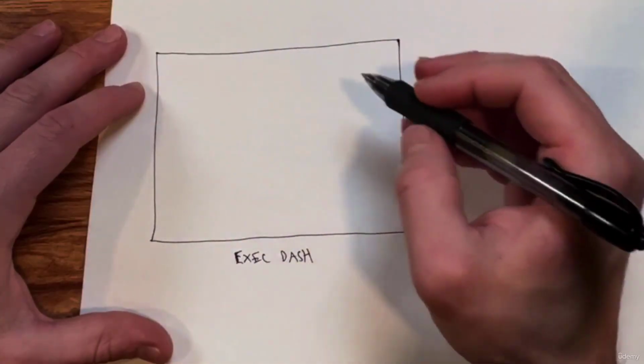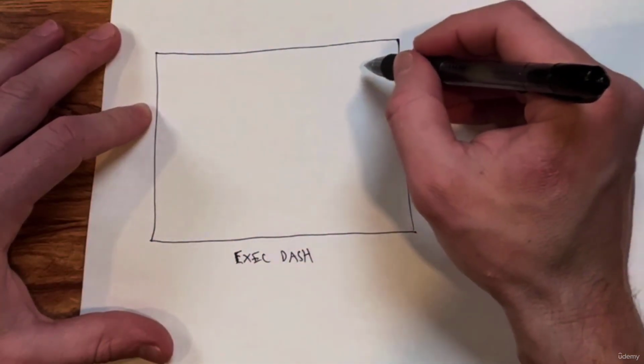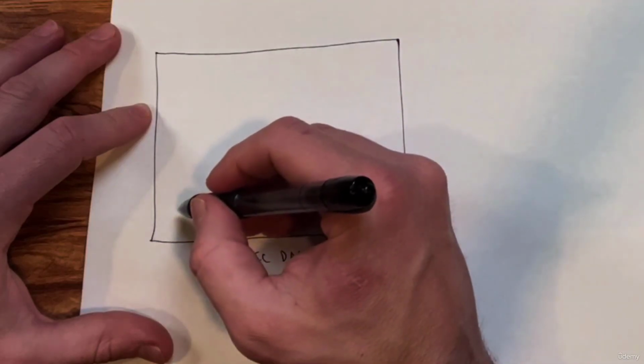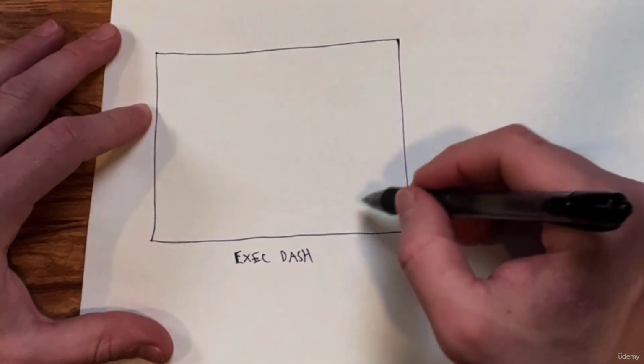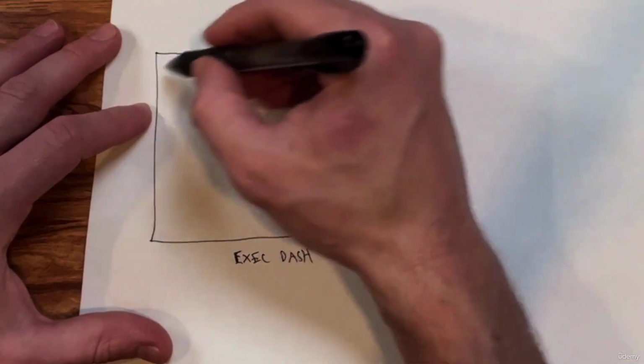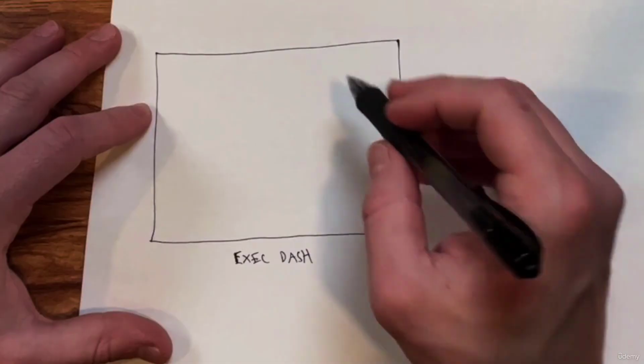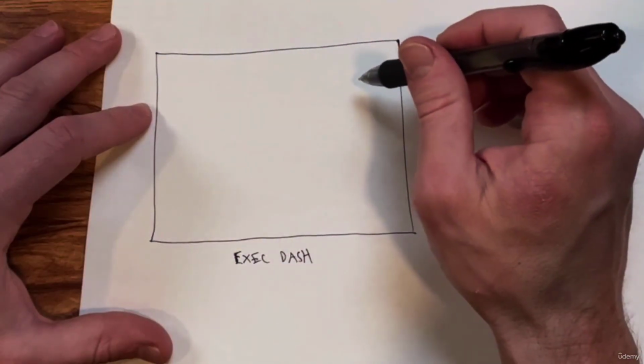The Z pattern, as you might guess, again, you're starting in the top left, moving left to right, kind of moving down diagonally to the lower left corner, and then to the right to the lower right corner. So either way, the key is that this top strip, this top real estate, is the most important real estate in our dashboard because that's the first place viewers are going to look.